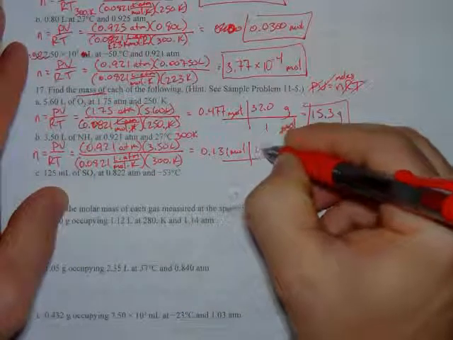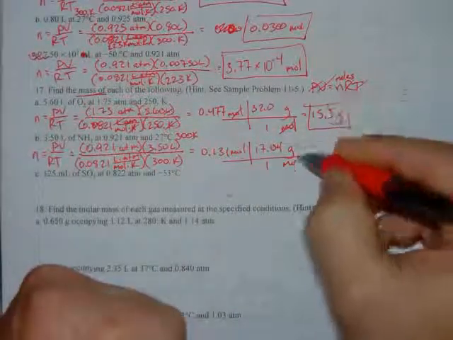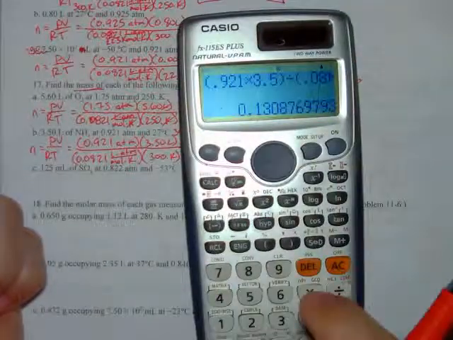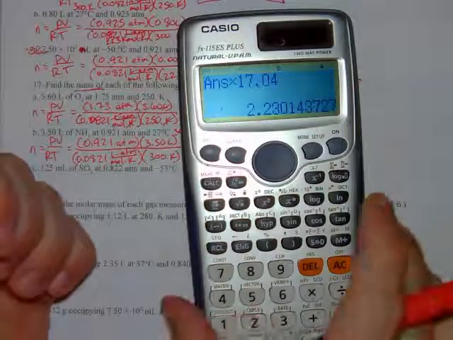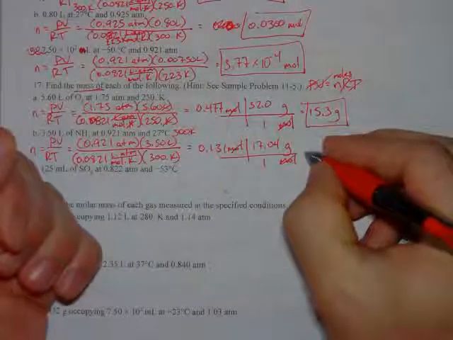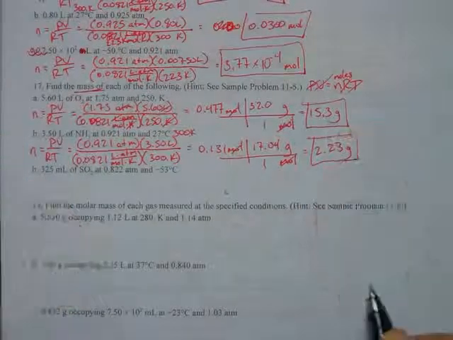And so that's going to be 17.04 per 1 mole. Moles cancel, and my last calculation is ready: times 17.04. With 3 sig figs, 2.23 grams. My final answer.